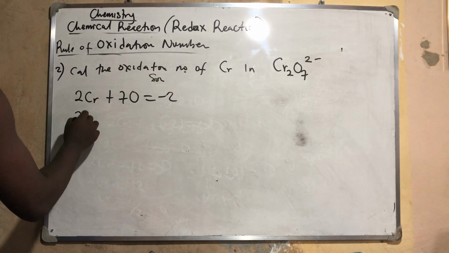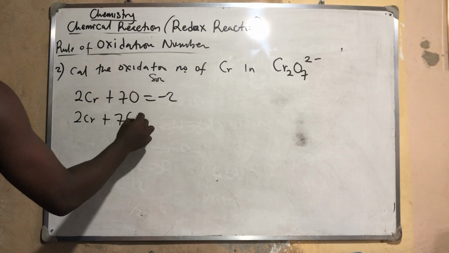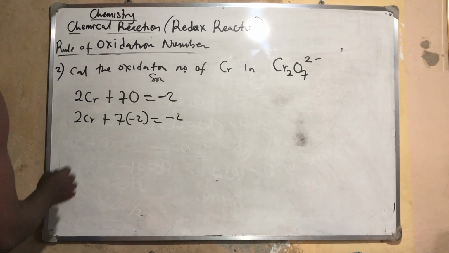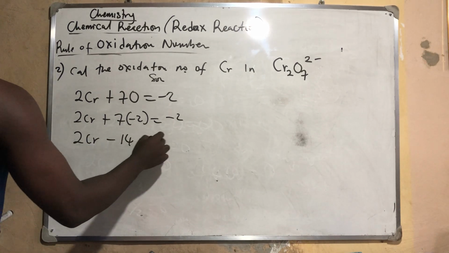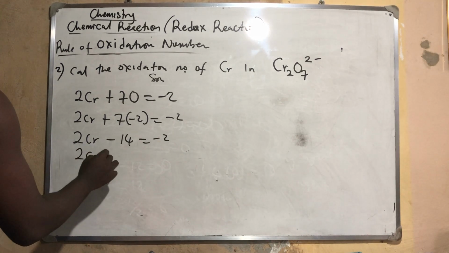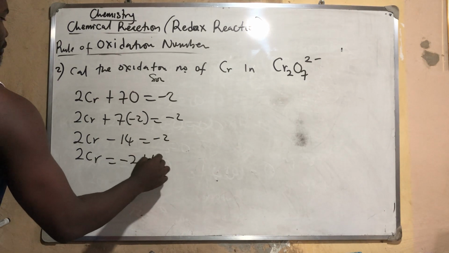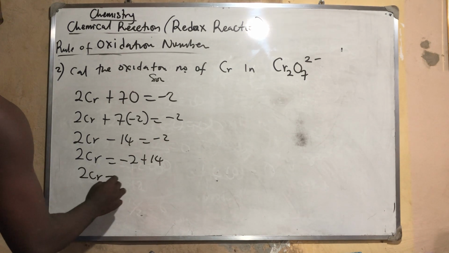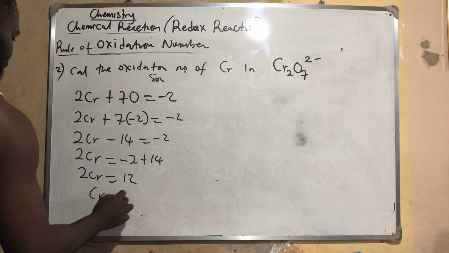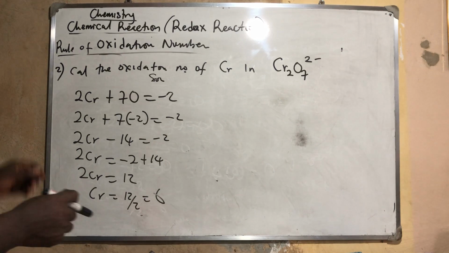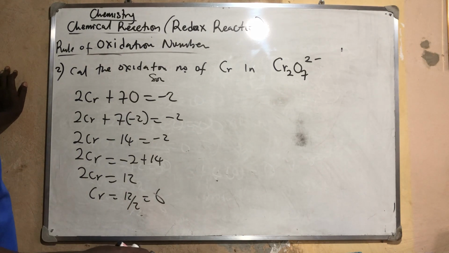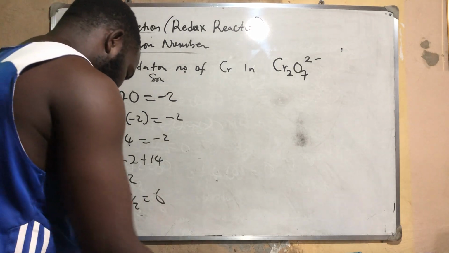I have 2Cr plus 7 into minus 2 is equal to minus 2. So therefore 2Cr minus 14 is equal to minus 2. So 2Cr is equal to minus 2 plus 14. So 2Cr is equal to 12. Then Cr will now be 12 divided by 2, which is 6. Okay, so the same thing. That is heptaoxodichromate 6.